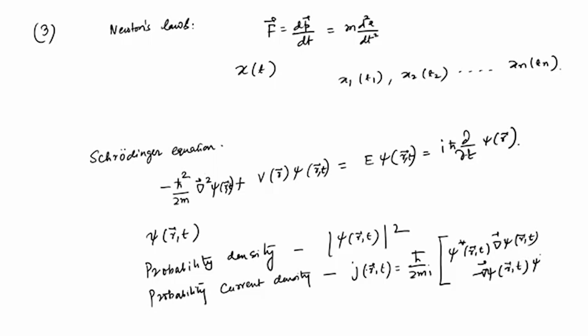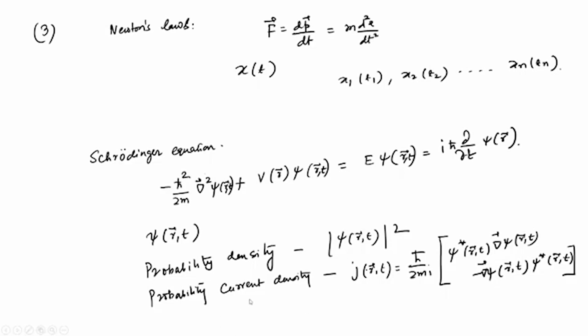Here psi is the wave function, which is in general complex, and by itself, as I said, psi is just a mathematical function. It has no physical meaning, but when you talk about mod psi square, it acquires a physical meaning that denotes the probability of finding a particle in a certain region of space and time, which is r and t, and one can also calculate this probability current density if you know psi and psi star.